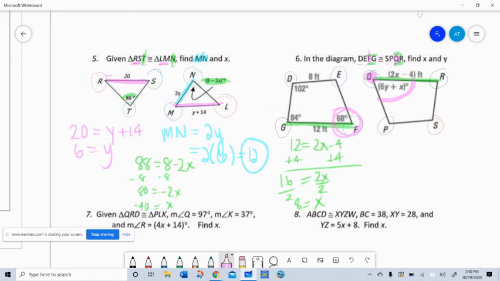Angle Q is congruent to angle F. So we know that those two have to be equal. 68 must equal 6y plus x. But if you remember correctly, x is 8, right? So that means 68 equals 6y plus 8. So now I just need to solve for y like we have been doing. 60 equals 6y. And I would get y equals 10.